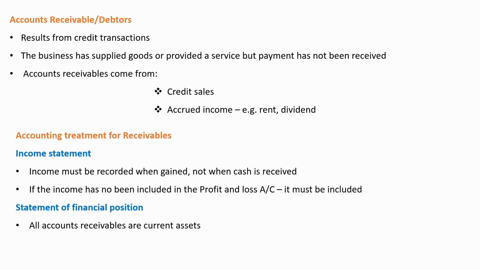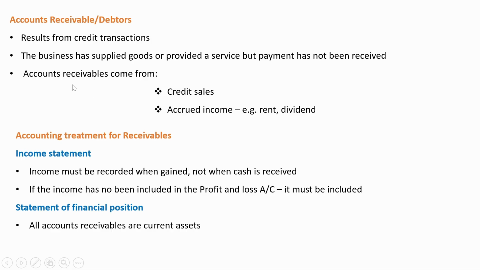So next, let us look at accounts receivable, also known as debtors. So debtors results from credit transactions. So credit transactions, these are transactions that don't involve cash. So the business has supplied goods or provided a service, but payment has not been received.